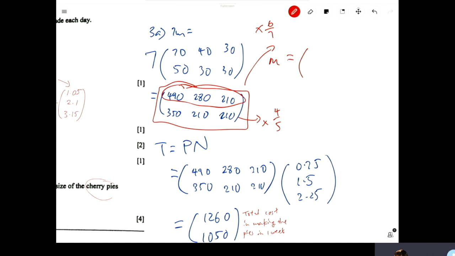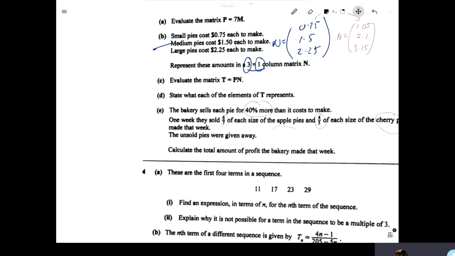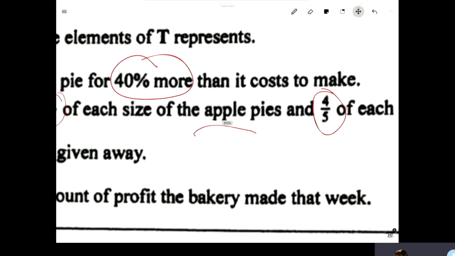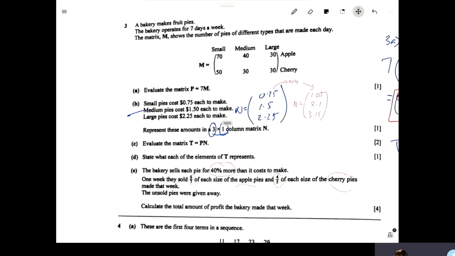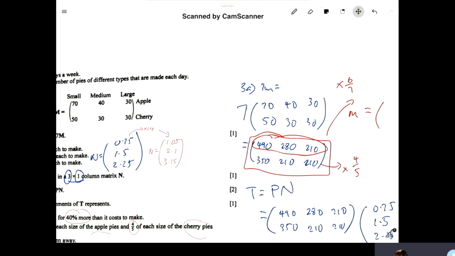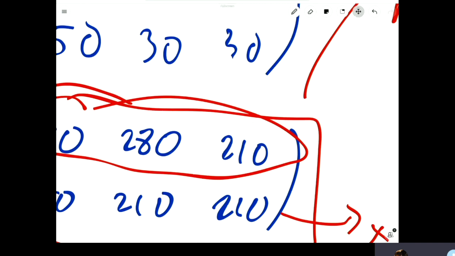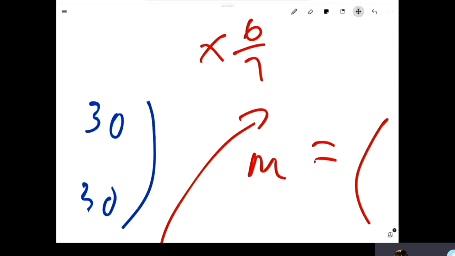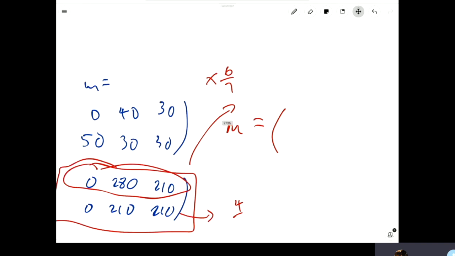Do you know why I multiply 6/7 and 4/5? No. No, let's go back here. You see the apples, right? So how many? 6/7. Yeah, so this is the number 490, 280, 210, the number of apples sold. So I must times 6/7. So I get a new number.